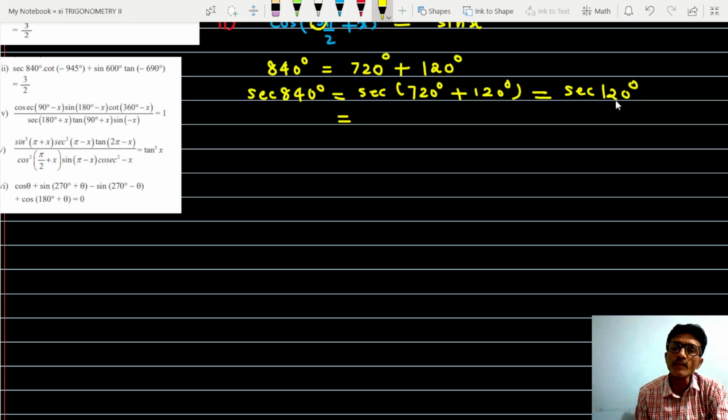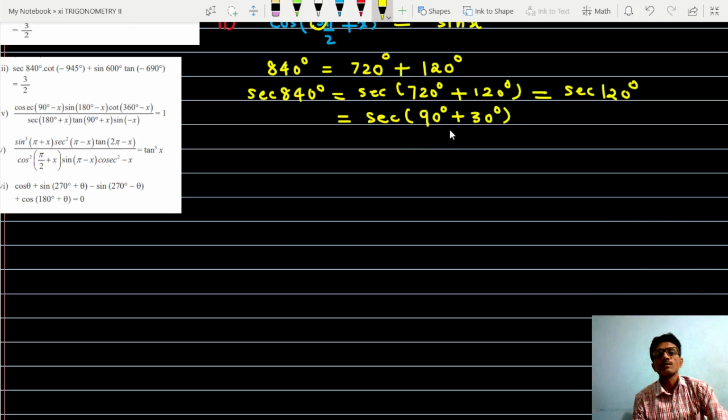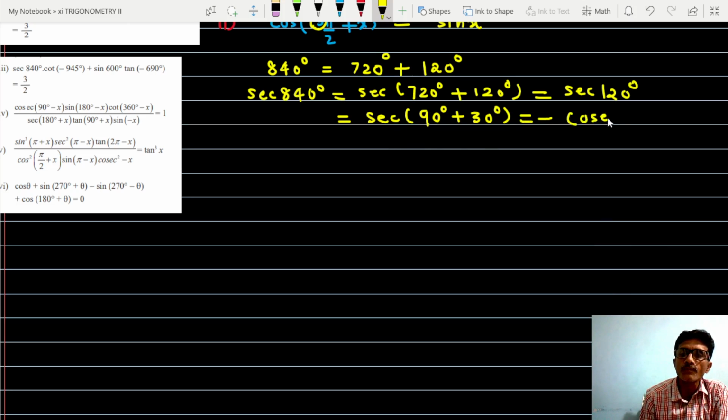So sec will be minus 2, or we can do it sec of 90 degree plus 30 degree. Yes, ये 90 प्लस 30 इट इज इन सेकेंड क्वाड्रेंट, और सेकेंड क्वाड्रेंट में सेक नेगेटिव होता है तो माइनस होगा, एंड सेक विल चेंज टू कोसेक ऑफ 30 डिग्री, तो क्लियरली इट विल बी -2 आएगा.